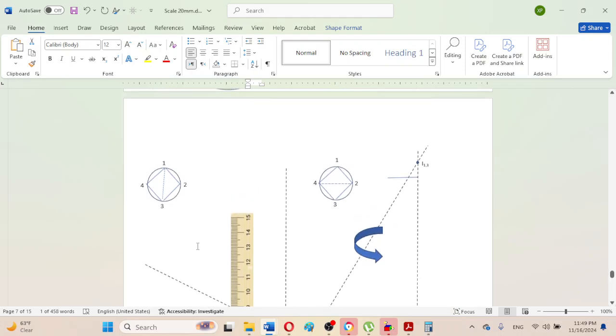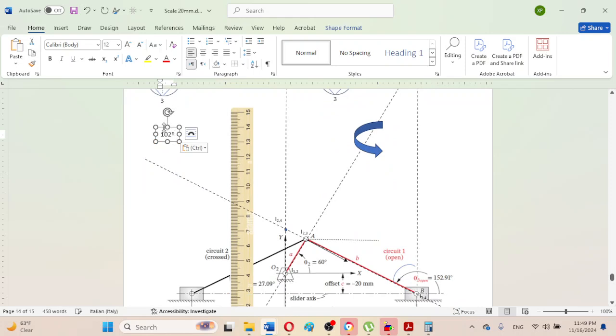Just paste it anywhere and move it here.